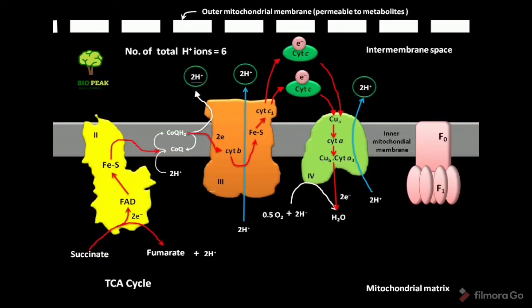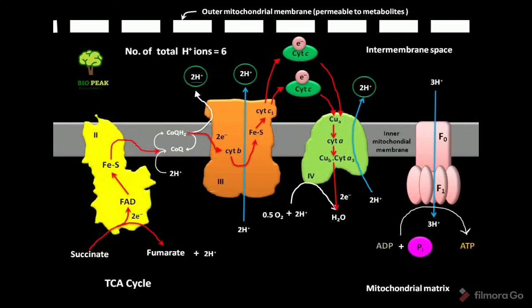This F1 acts as ATP synthase. This multi-enzyme complex forms a proton channel through which 3 protons flow from F0 to F1 and reach the mitochondrial matrix. This backflow of protons down the proton gradient provides energy for ATP synthesis, in which ADP and inorganic phosphate or Pi form ATP.